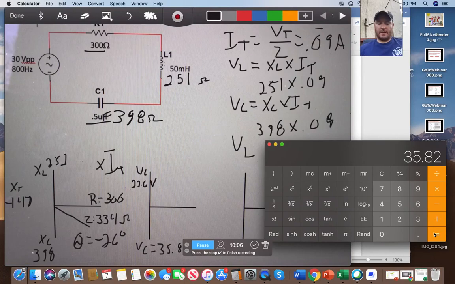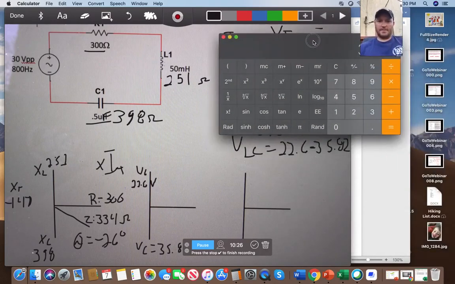Now, what is my VLC? Notice I didn't put V total like I did my X total. Those are two different values there. So I'm going to take 22.6 minus 35.82. I know these are getting a little hard to see here.